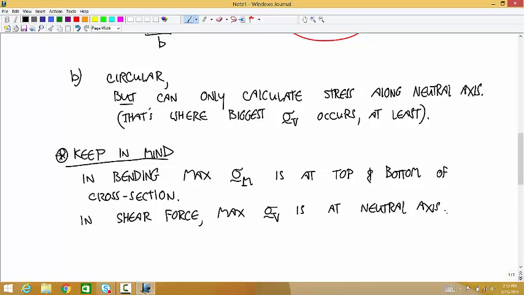Well, the stress due to the bending moment is 0 at the neutral axis, but gets bigger at the edges. The stress due to shear force is biggest at the neutral axis and drops towards 0 at the edges. So if you're looking for the biggest combination of those two stress tensors, it's a little complicated to figure out where it is.